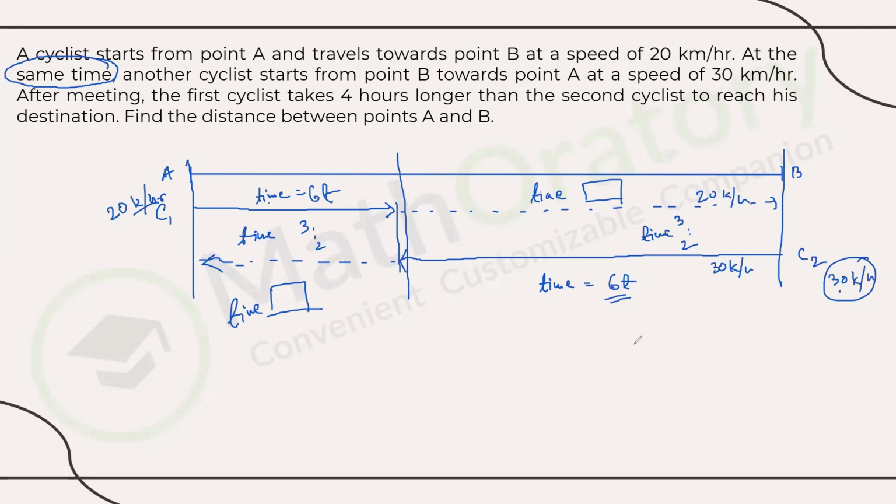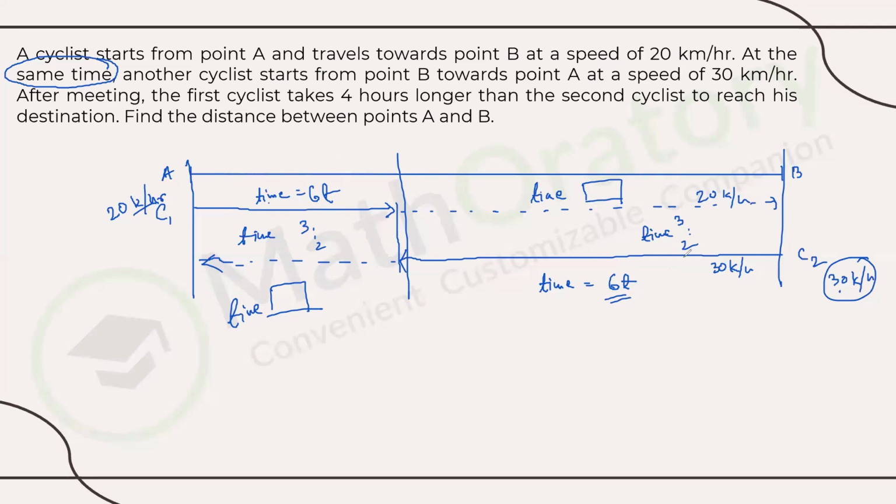Now, why 60? You may take just t, it is fine, but I'm trying to avoid fractions along with variables. So I know that I have to make it 3/2 times to get this time and 2/3 times to make it this time. So I need to divide this time once by 2 and once by 3. So essentially I'm taking 6t.